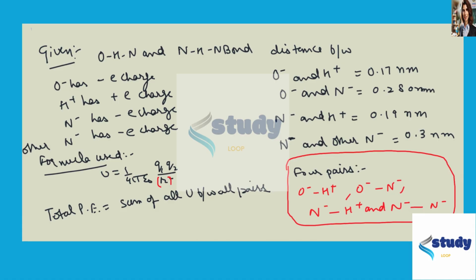You can find these values in exercise 21.21. The distance between O minus and N minus is 0.28 nanometer, between N minus and H plus is 0.19 nanometer, and between N minus and the other N minus is 0.3 nanometer. 1 nanometer equals 10 to the power minus 9 meter, so we have to convert these into SI units.